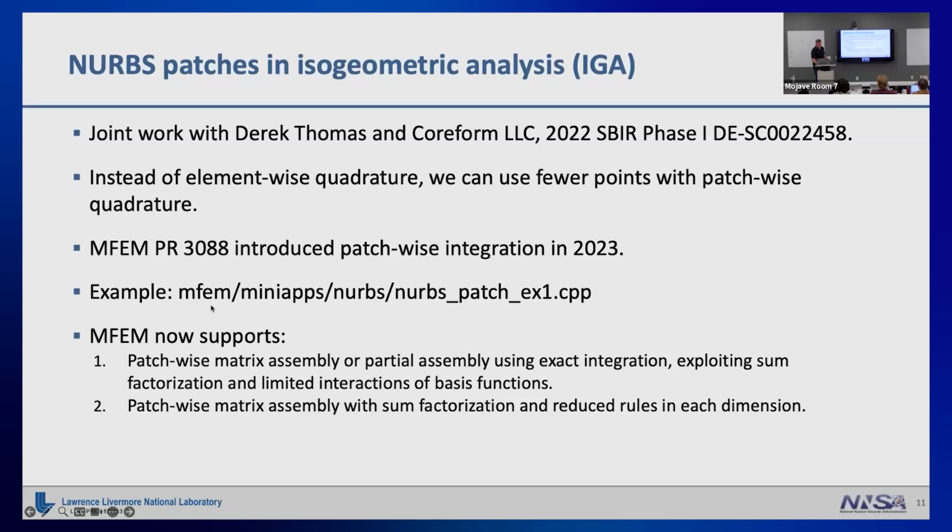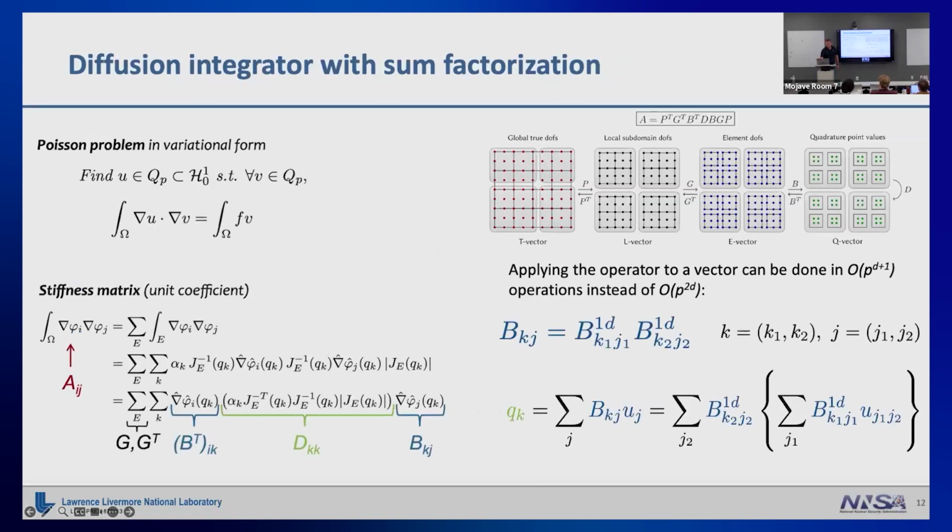So we can do this patchwise matrix assembly, even partial assembly, using exact integration, and it's optimized with some factorization and taking into account the minimal interaction of the basis functions. And we also do reduced quadrature rules.